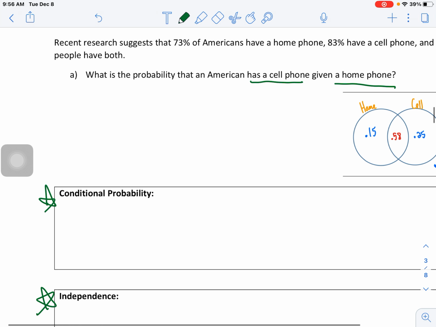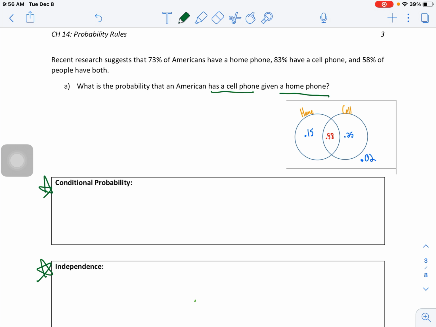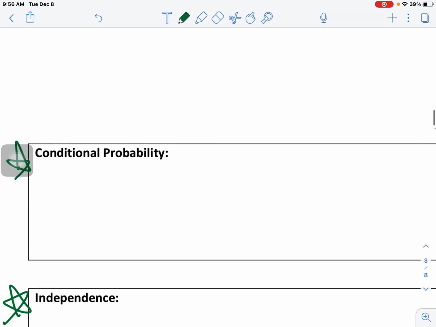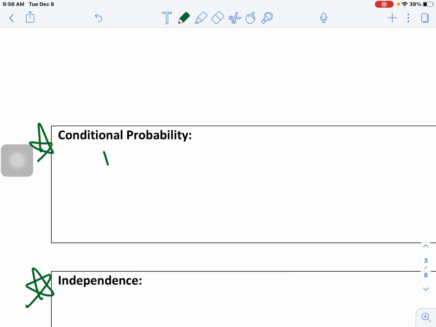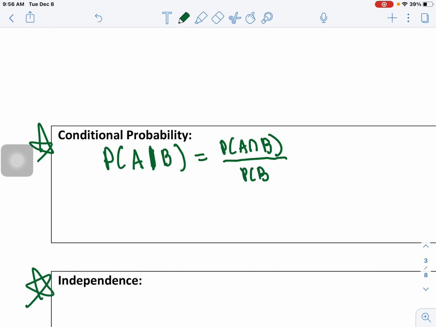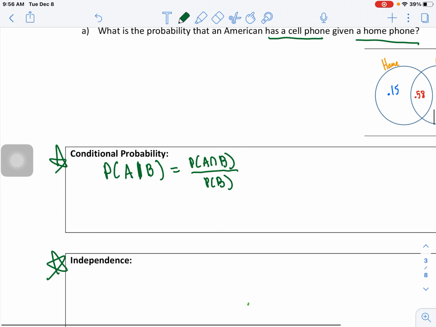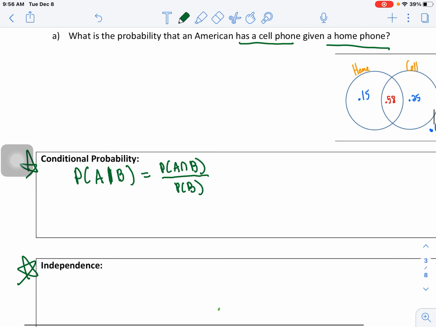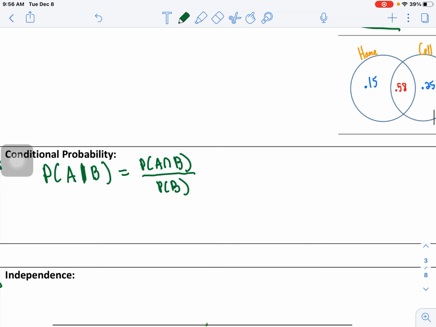When you see the word given, it's a pretty big indicator that we're going to want to use this conditional probability formula. This conditional probability formula says this: the probability of A given that B has occurred can be found by taking the intersection of both events and dividing it by the probability of B. All right, so hopefully this makes sense when we do this example.